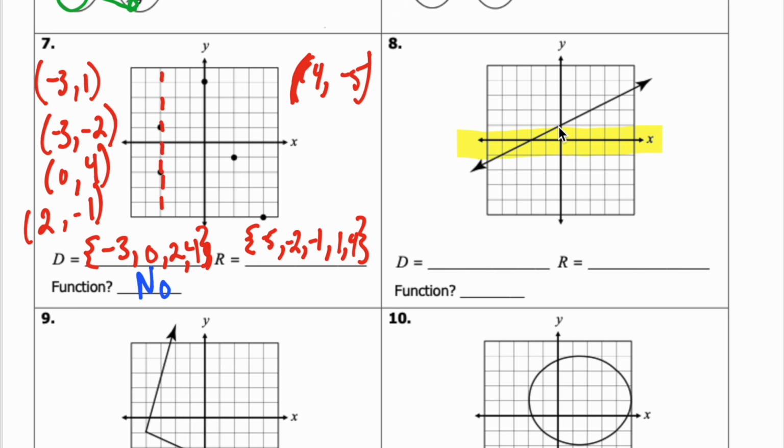Okay. So we can see that all the way to the left, this graph is continuing to go on and on and on forever to the left. And then if we look to the right, this graph is continuing to go on and on and on forever to the right. So the domain for this graph is not ending.